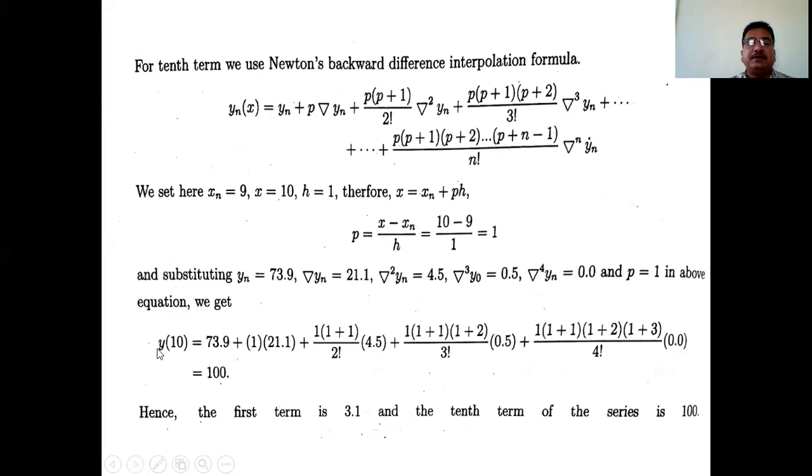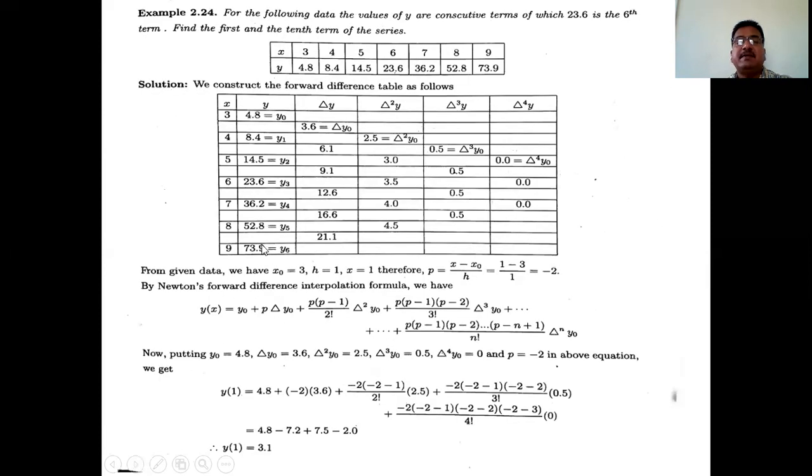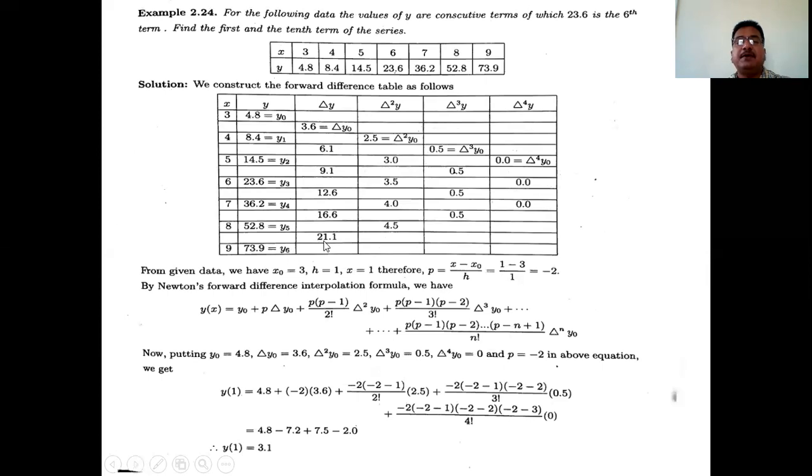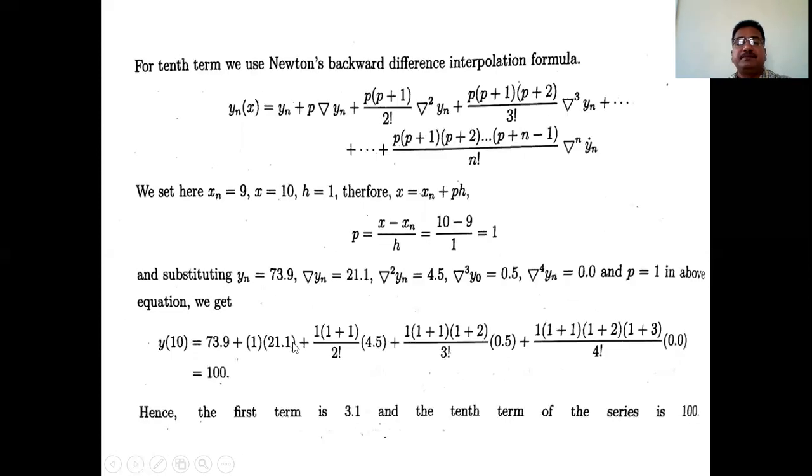That is, f of 10 is equal to f of a plus nh. What is f of a plus nh? This is 73.9. Then write u, that is 1. Then del f of a plus nh. This is del f of a plus nh, 21.1 right here.